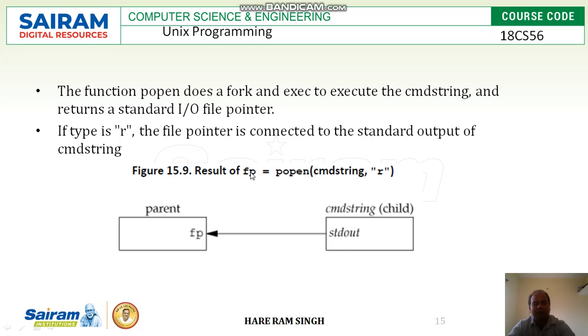Here the popen function is called, it calls fork and creates a child process. popen has two parameters, the command string and read.